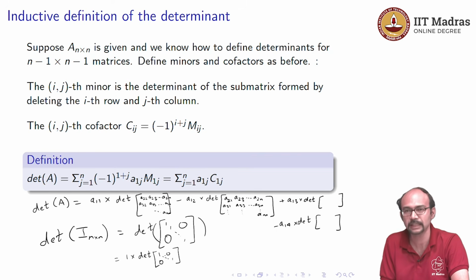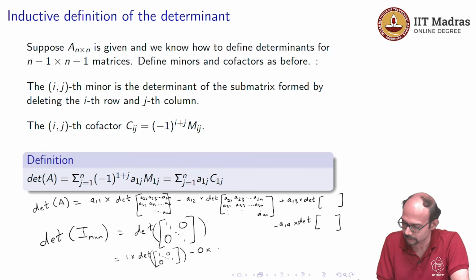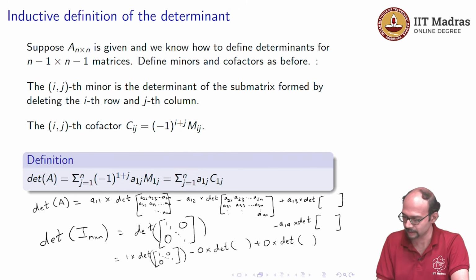So this is again an identity matrix of size n minus 1 by n minus 1, and then minus 0 times the 1/2th minor, but I don't really care about computing it, because it's 0 times something, it's going to be 0 anyway, plus 0 times the 1/3th minor, and so on.